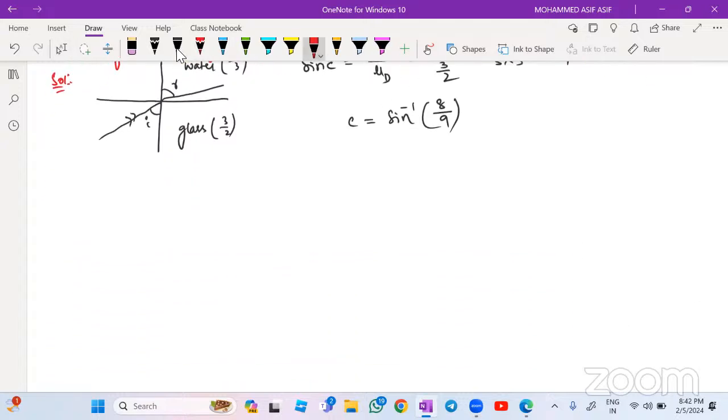Next question. A convex mirror has a radius of curvature of 22 centimeter.